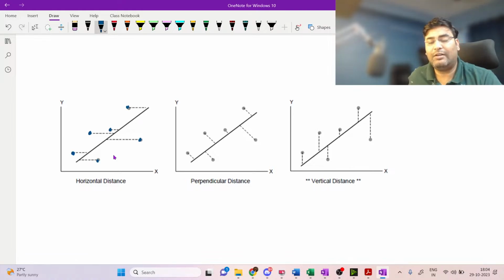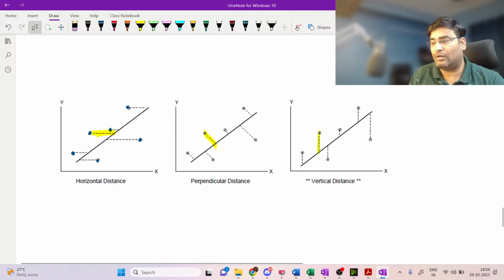You could have also found the horizontal distance, or you could have also found the perpendicular distance. And as we do in linear regression, we go with the vertical distance, right?